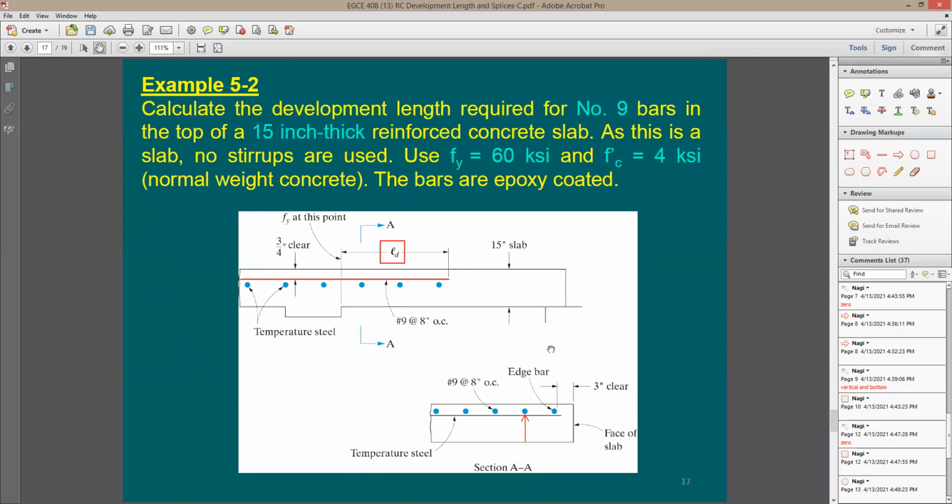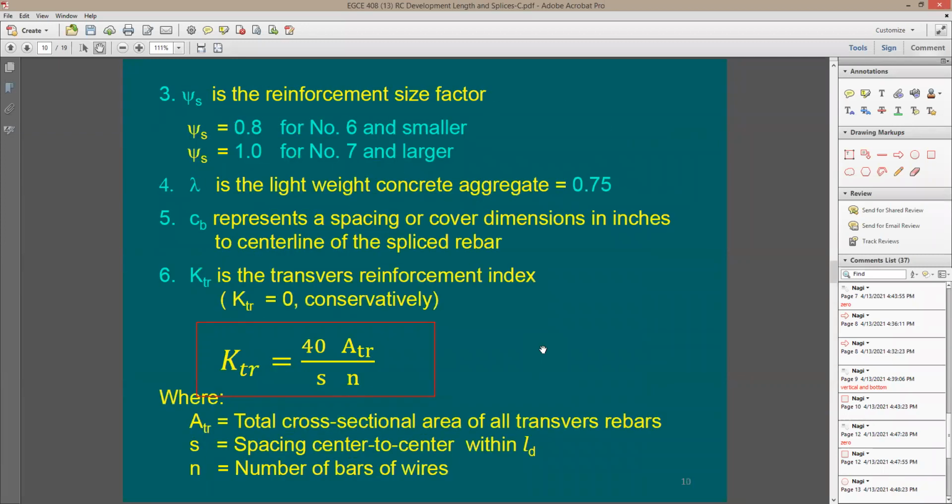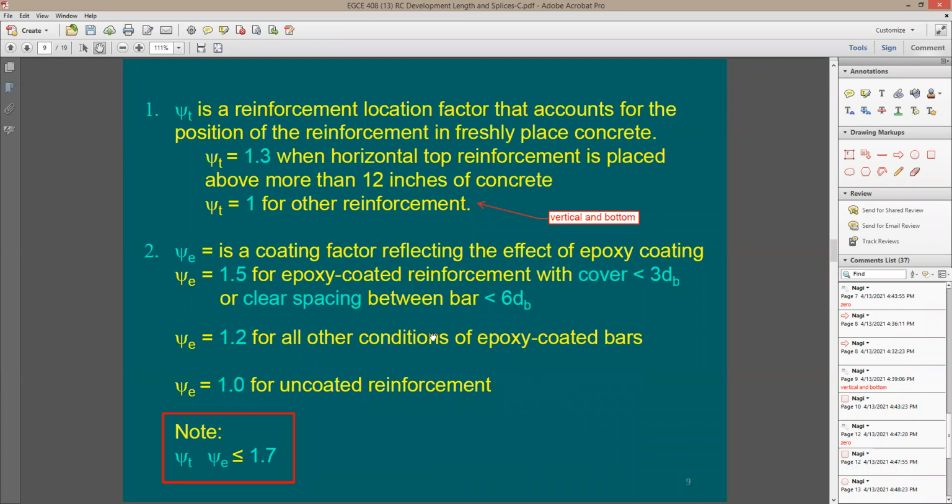Now to continue with this problem here, it says the bars are epoxy coated, meaning now I need to figure out the spacing is going to be an issue, and the cover also is going to be an issue. If I go back here and take you back to the slide where it has this epoxy coated factor, it says here for the epoxy coated, when the cover is going to be less than 3 d_b, I have number 9 and the cover is 3/4 inch. What do you think?